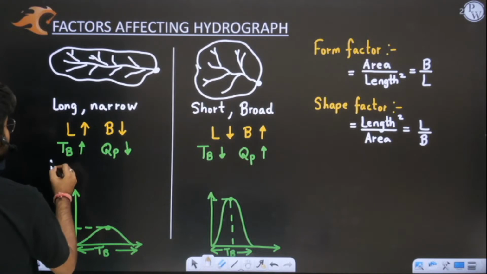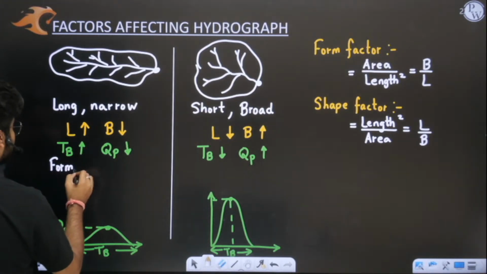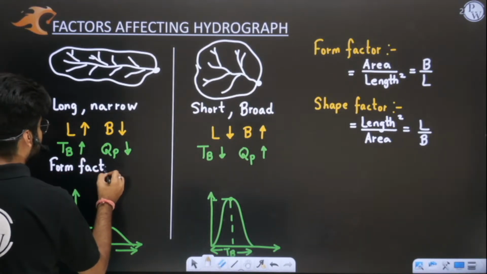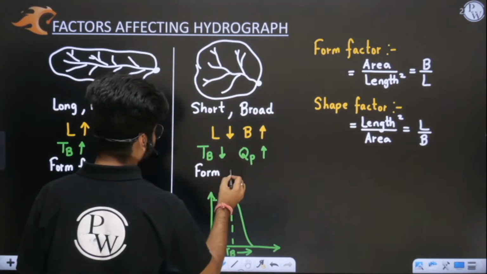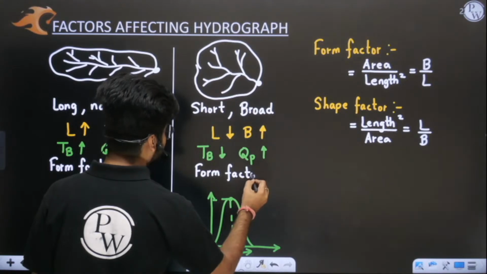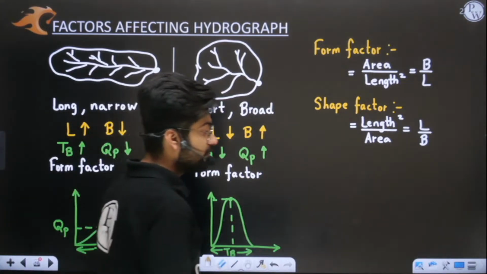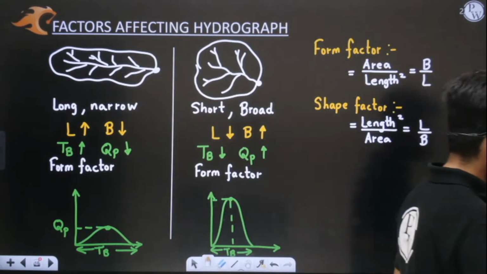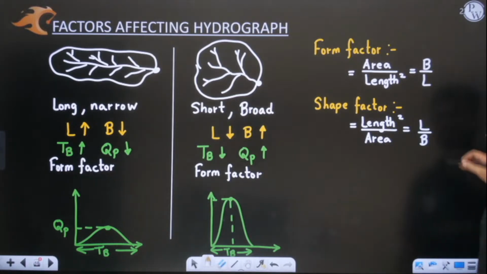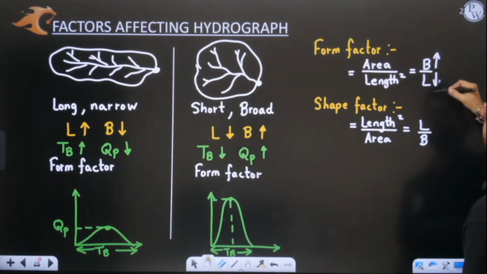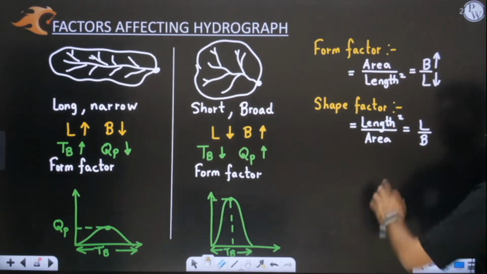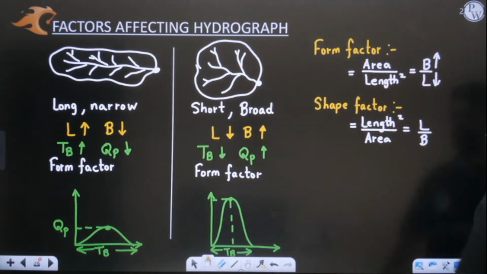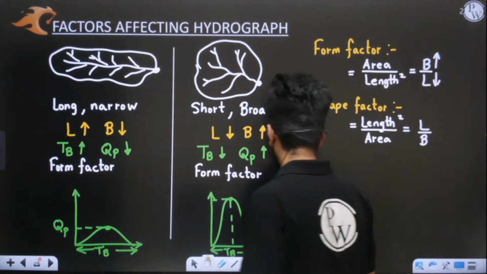Tell me where we have more form factor and where we have less form factor. Sir, form factor will be more when we have more width and less length. If width is more, form factor will go on increasing, and if length is less, form factor increases again.